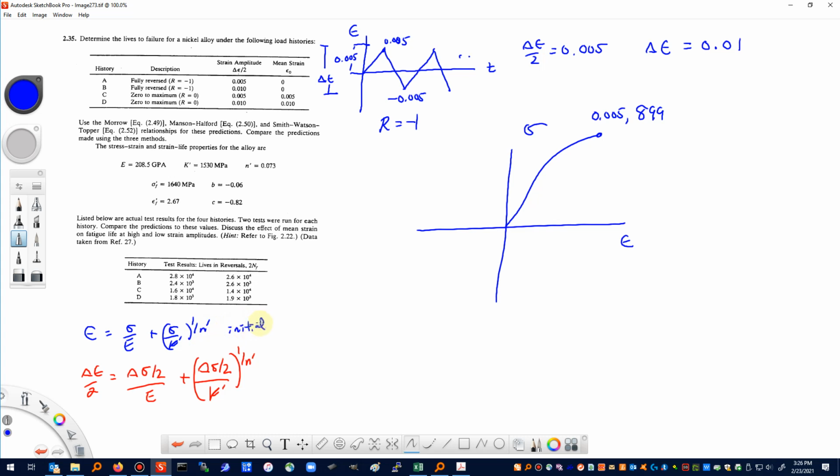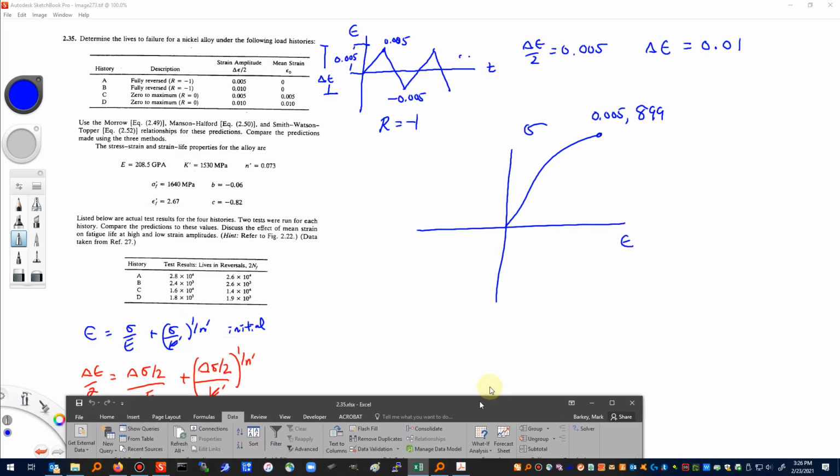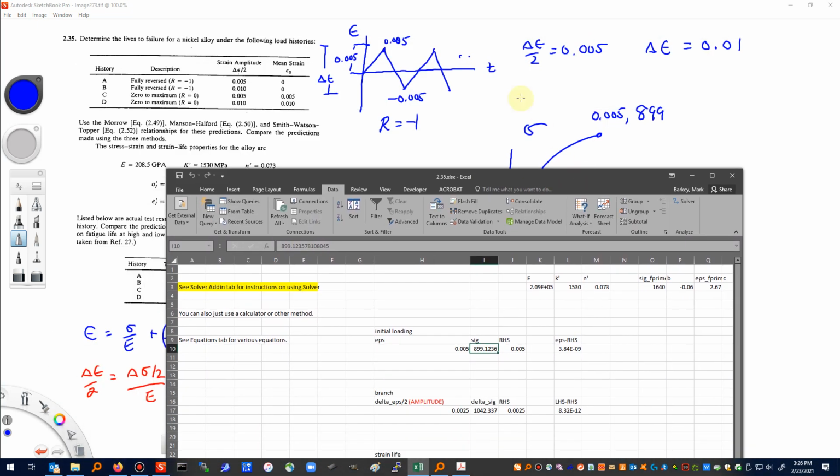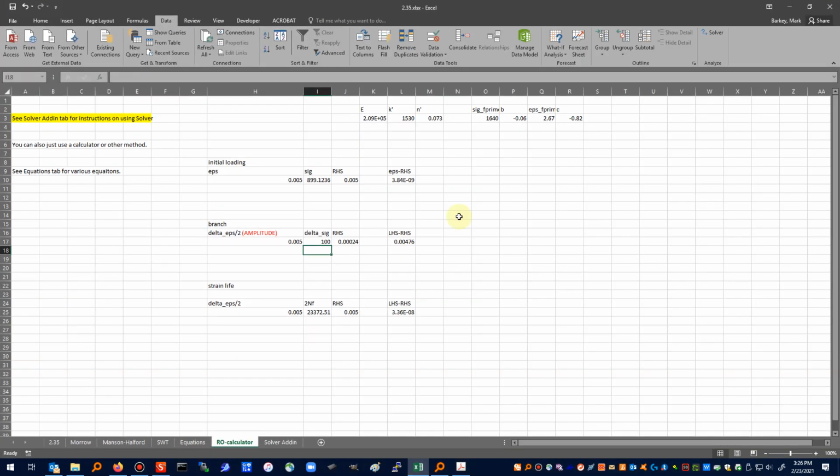Now we need to use the hysteresis branch equation. It's going to use a strain range of 0.01 and an amplitude of 0.005. By the same reasoning, I'm going to use my solver.